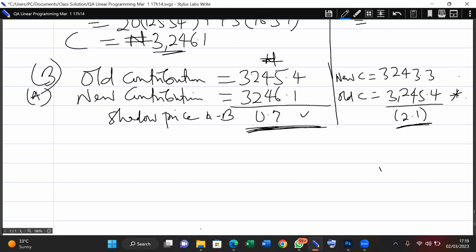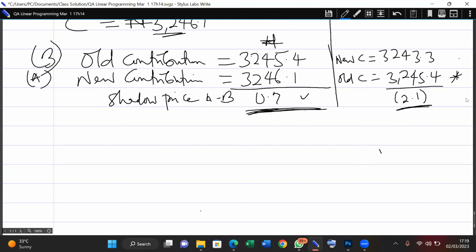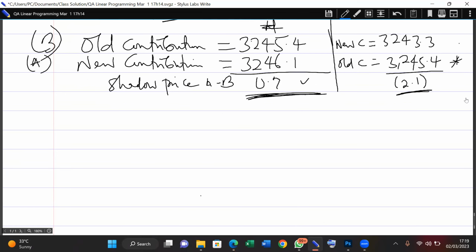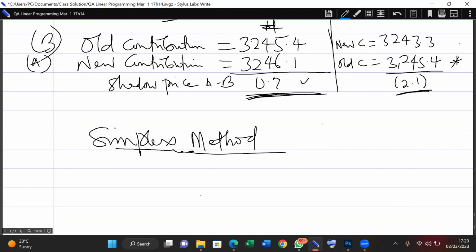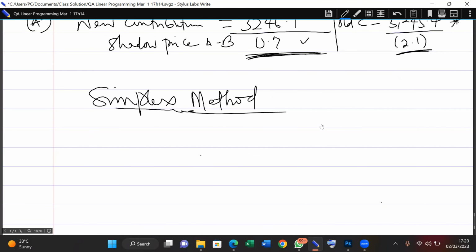Slack variable is the one they are calling standard form. Please be aware. It is the slack variable that they are calling standard form. And this is how it comes.